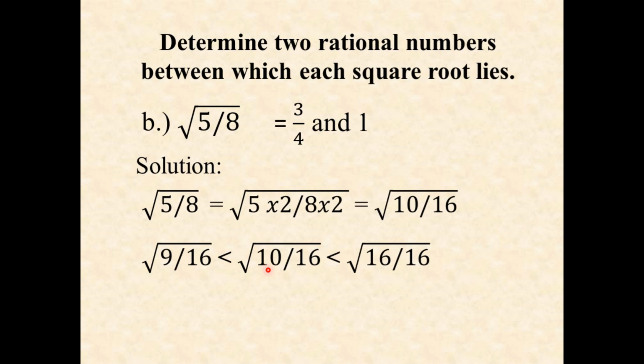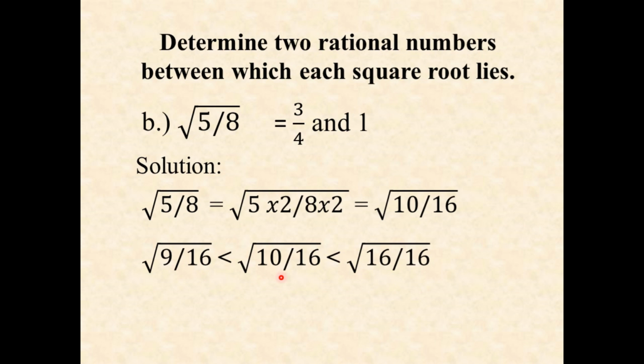Alright? So the perfect square number greater than 10 is 16. Then, the perfect square number closest to 10 but less than 10 is 9. Alright? So then we just copy the denominator.